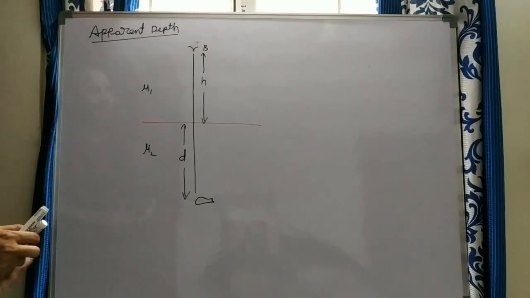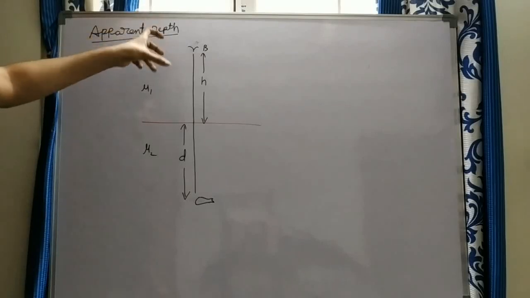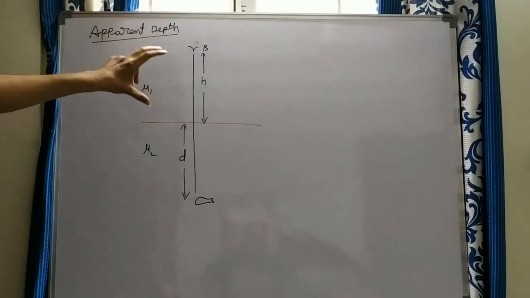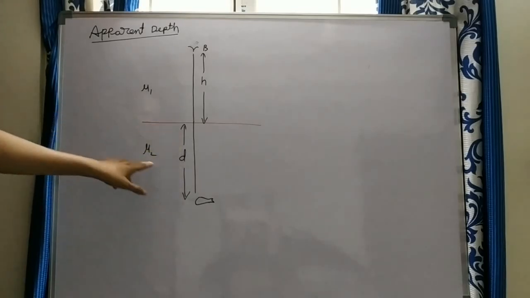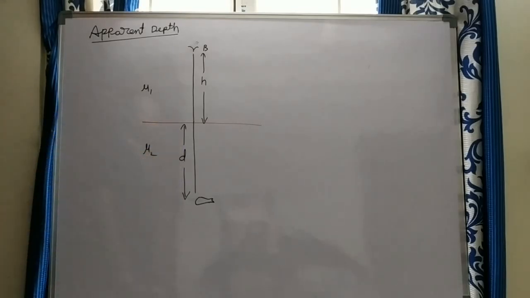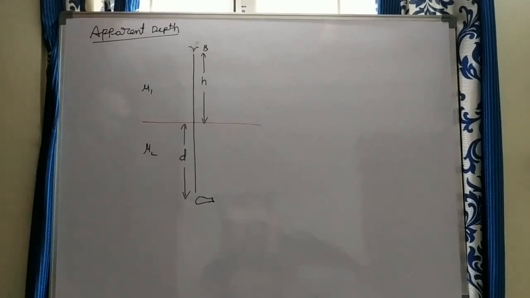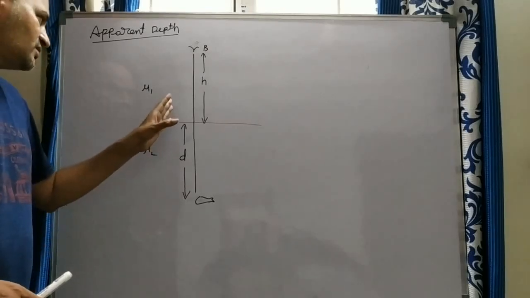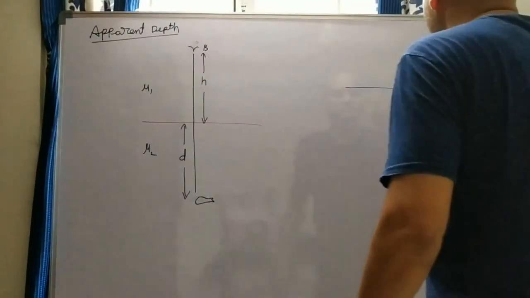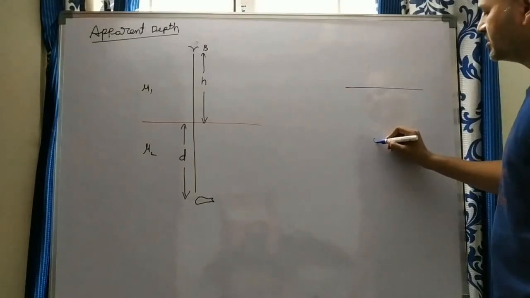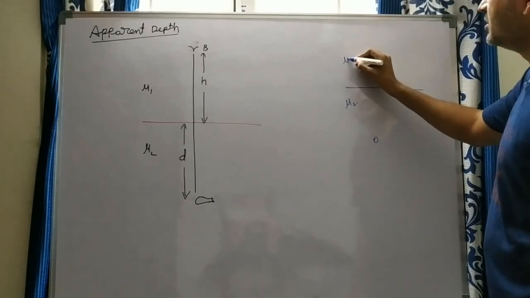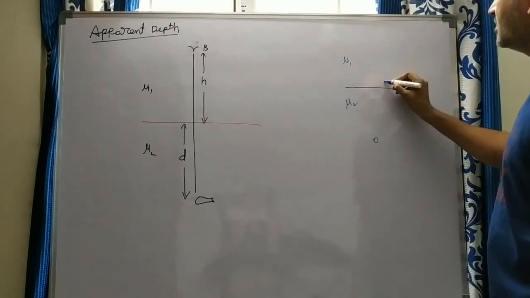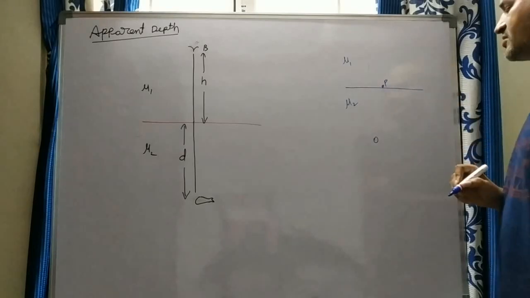First, take one observer who is observing from a medium having refractive index mu1, and the fish is at depth d inside the liquid having refractive index mu2. Before this, we will recall a concept we already discussed. Suppose an object is in a medium having refractive index mu2 and the observer is in medium 1, with refractive index mu1.